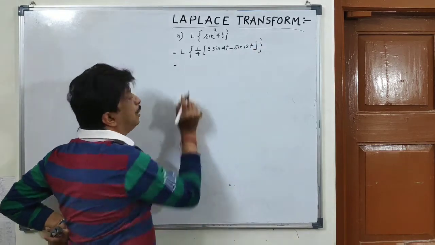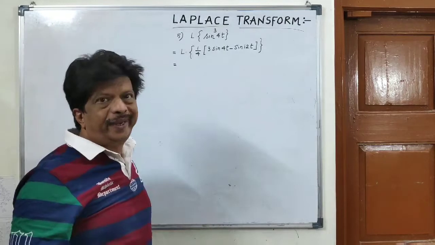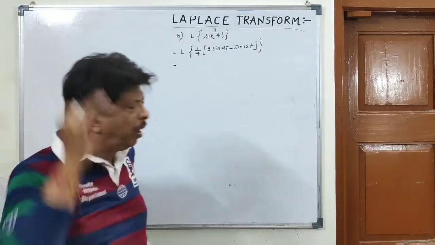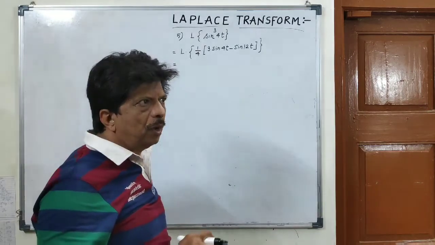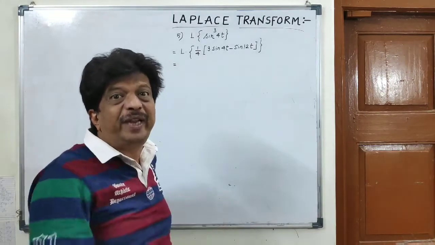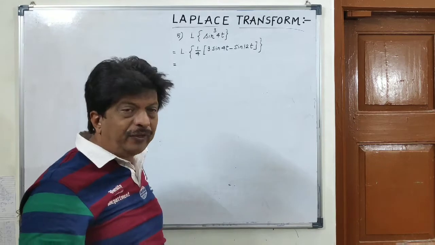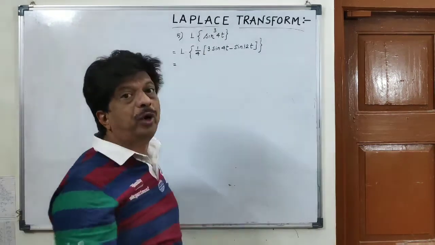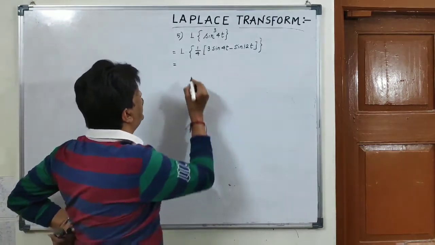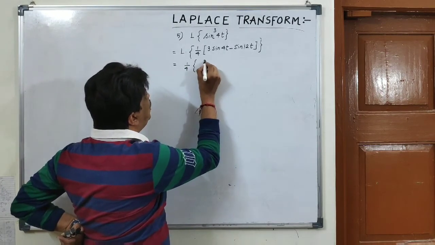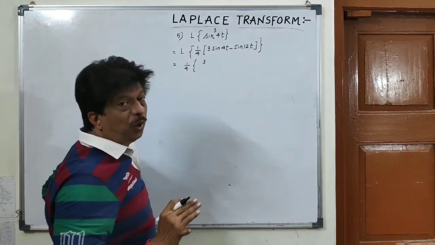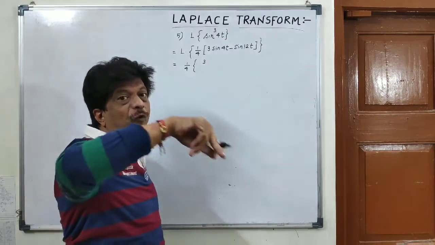I will just use the formula of sine cube of t is 1 by 4 times 3 sine t minus sine of 3t. Here instead of t we do have 4t. So that is further equal to 1 by 4 times 3 into Laplace transform of sine of 4t.